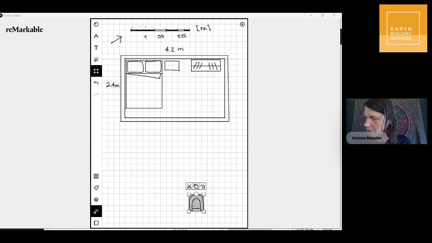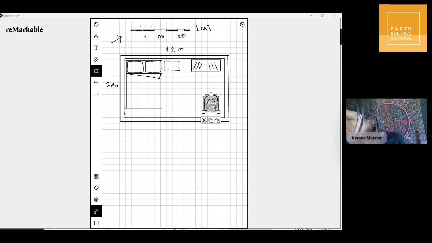We don't actually have a chair, but I'm sure we could put it here somehow.